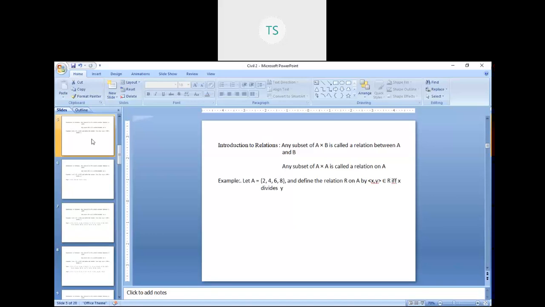A set is given, 2, 4, 6, 8, and we have defined a relation R on the set A by this. This symbol is for an ordered pair, the ordered pair x, y, and the ordered pair has to satisfy this condition: x divides y. That means the first element must divide the second element.